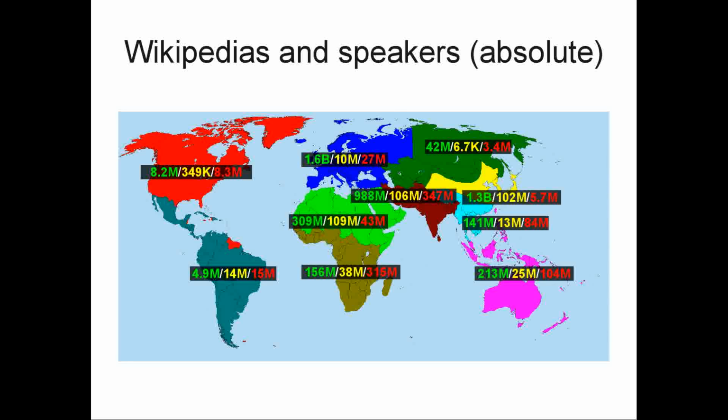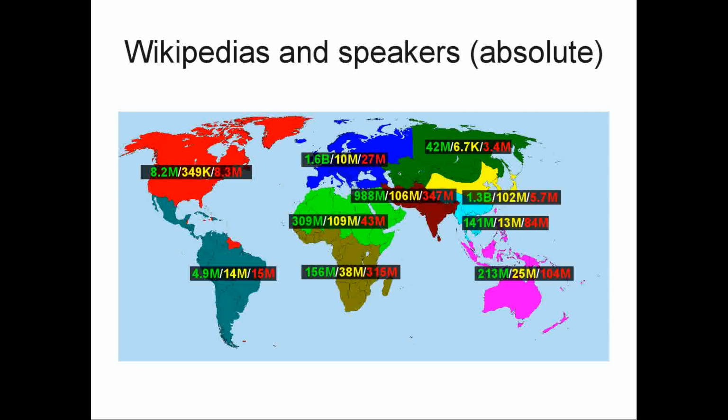Note also, of course, that not all languages are counted here, and that if you put together all of the numbers, you will get something like 6.2 billion inhabitants of the Earth, although there are almost 7 billion people.